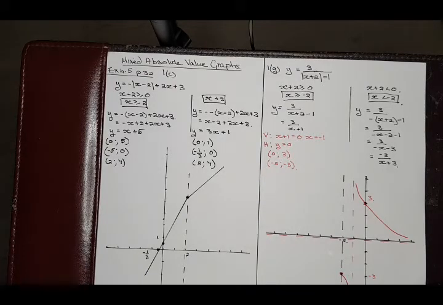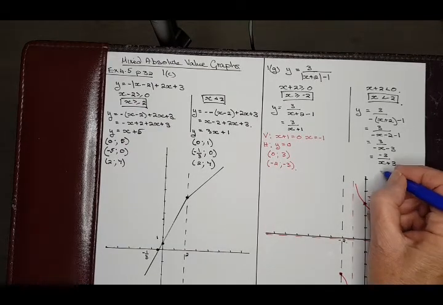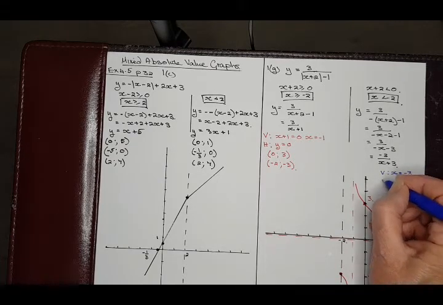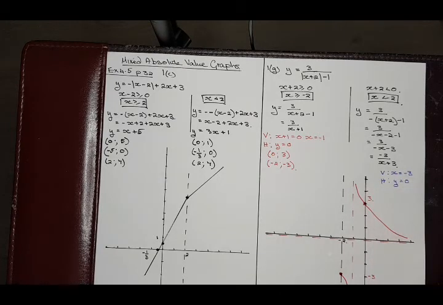Now if I do the same process, but I do it for this side, now it's a completely different hyperbola. This hyperbola has a vertical asymptote at x equals minus 3. It still has a horizontal asymptote at y is equal to 0.